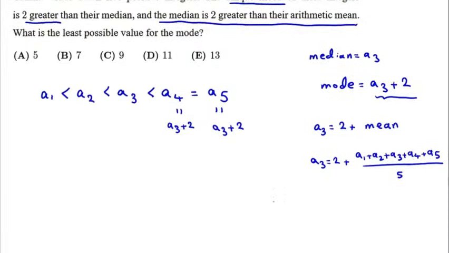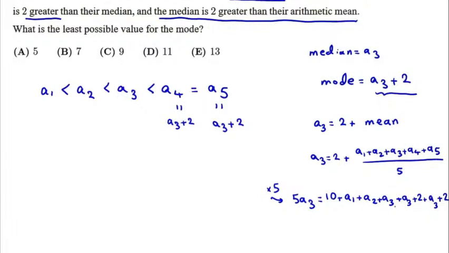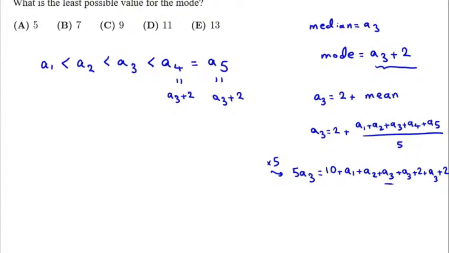So if you multiply both sides by 5, the left hand side will be 5A3, and the right hand side will be 10 plus A1 plus A2 plus A3. A4 is A3 plus 2. A5 is also A3 plus 2. So here, A3, A3, A3, 3A3.